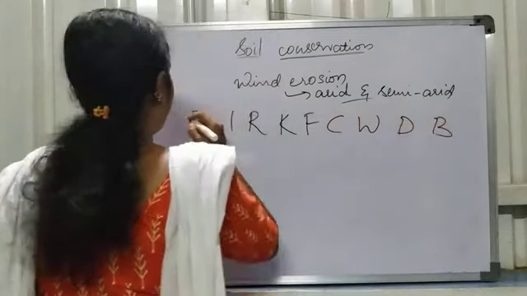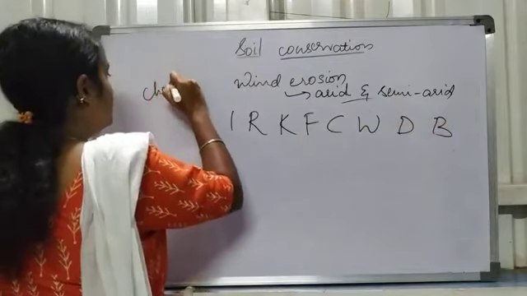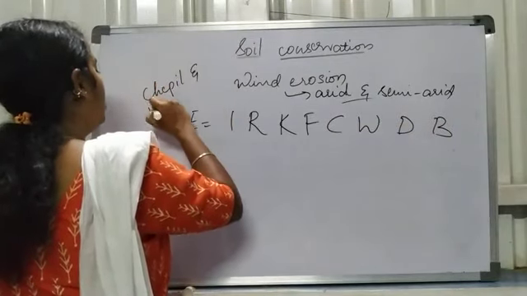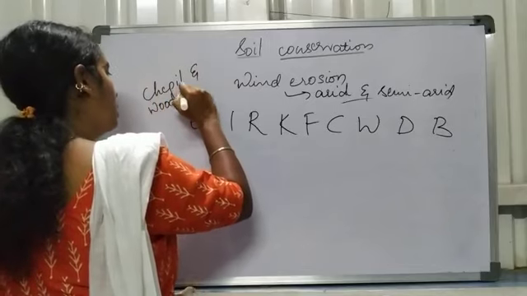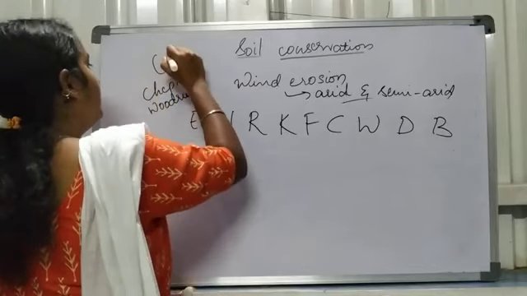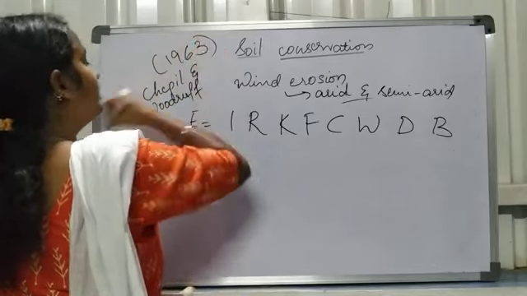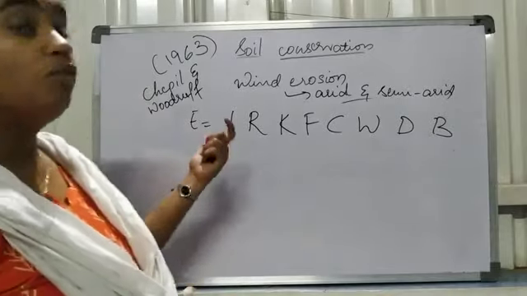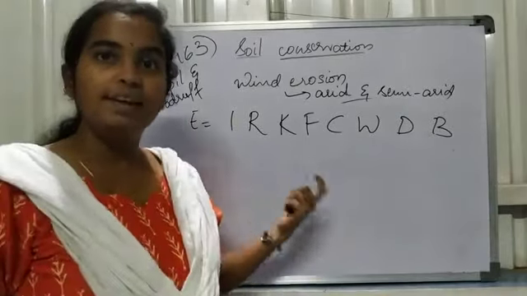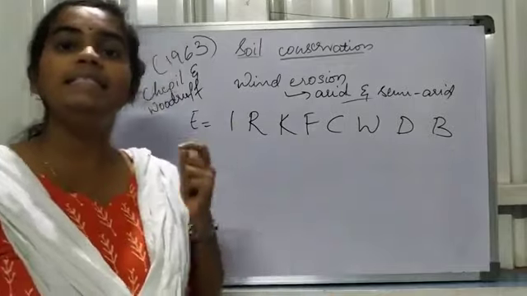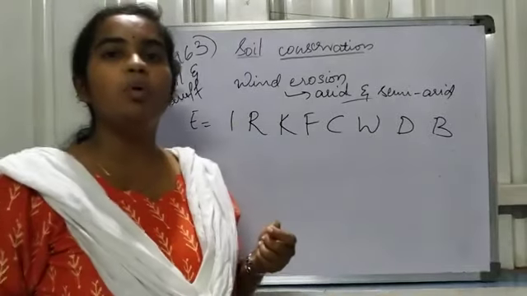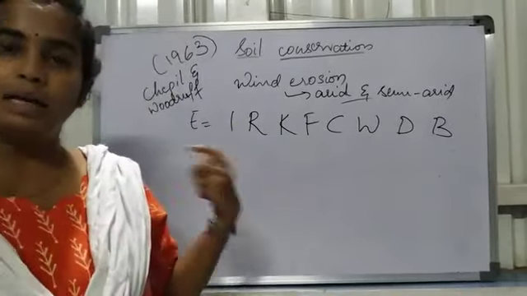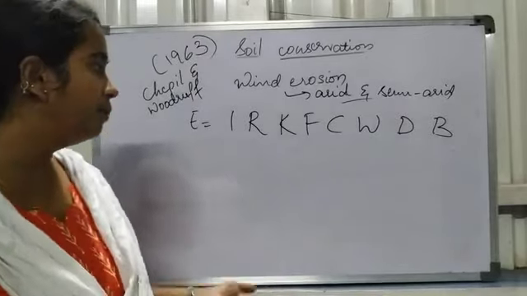This was given by Chappell and Woodruff in 1963. And the water erosion formula was given by Wischmeier and Smith in 1978. The year is also very important. That might also be asked in the exam sometimes.